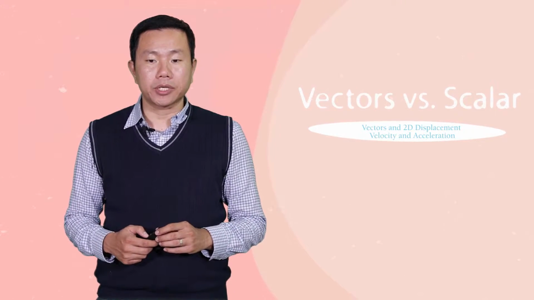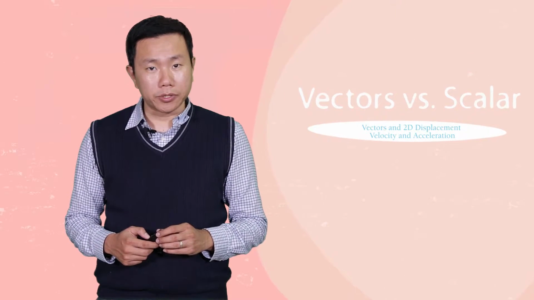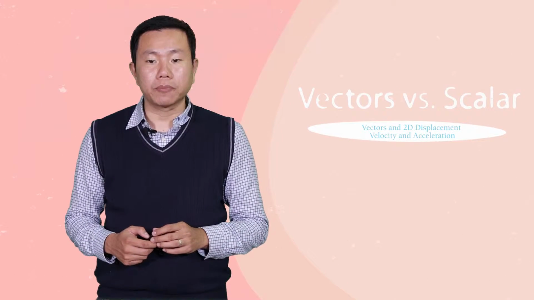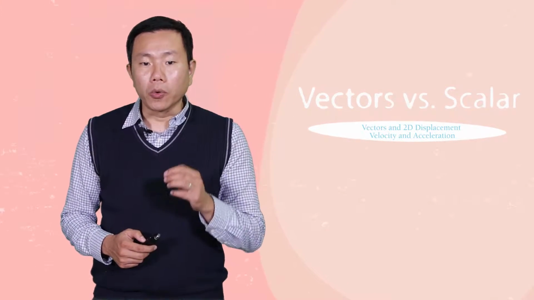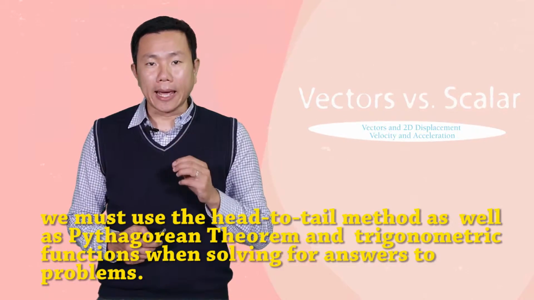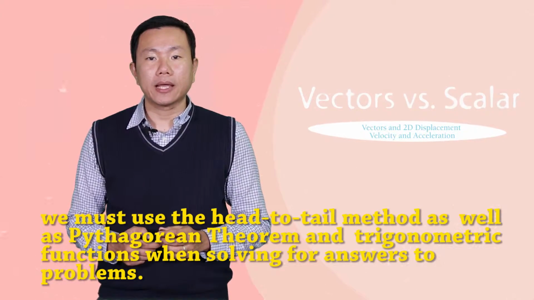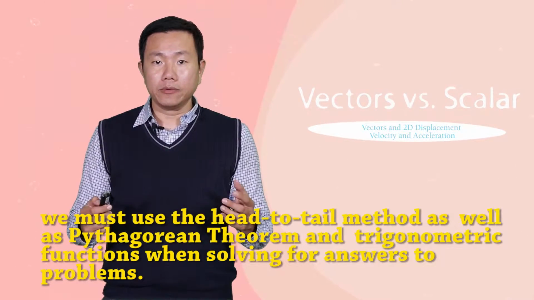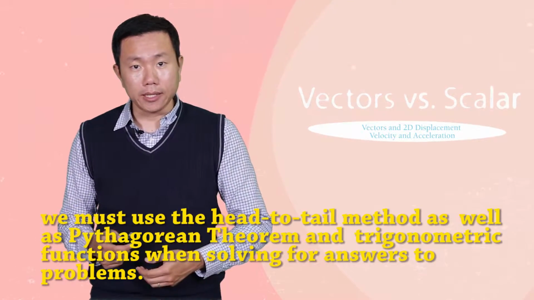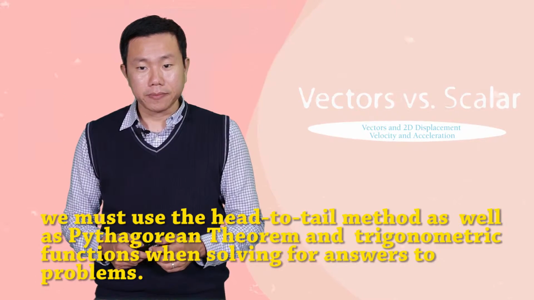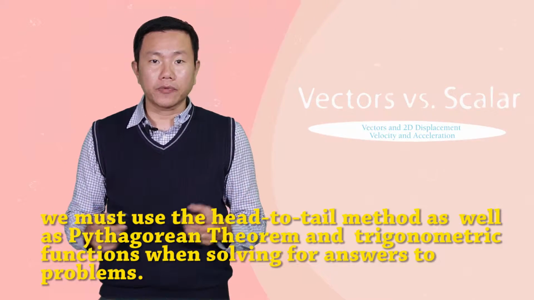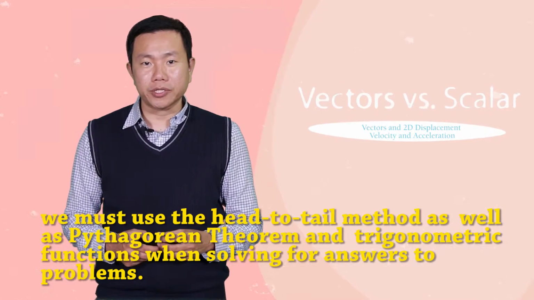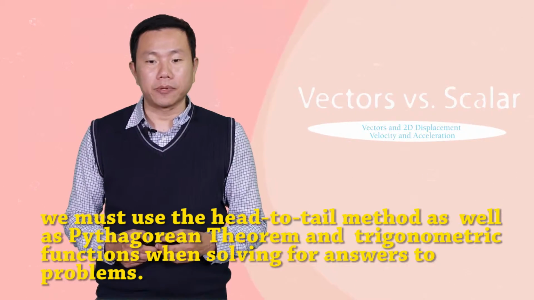Mathematical operations can also be performed on vectors, but because the direction must be considered, we must use the head-to-tail method as well as the Pythagorean theorem. You'd also be needing the trigonometric functions. When we are solving these problems, it becomes a bit more challenging, but still manageable.